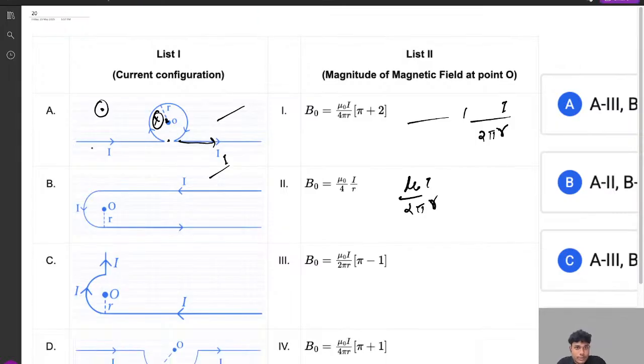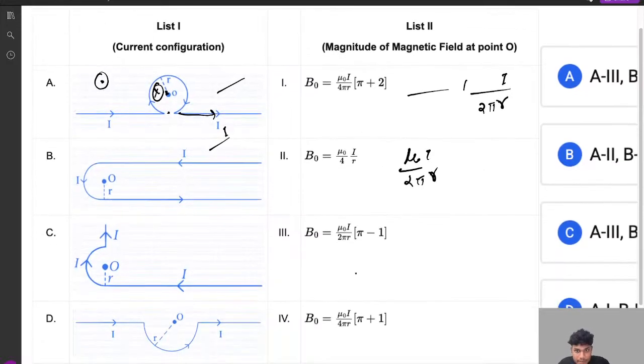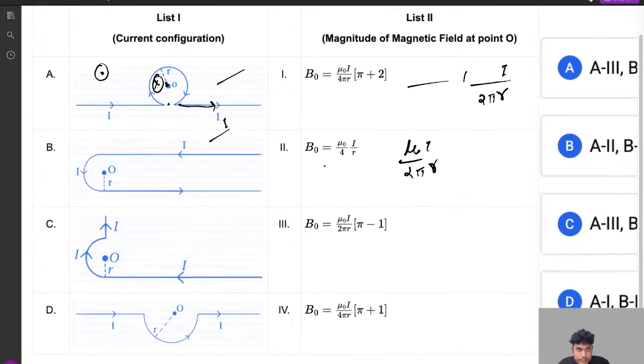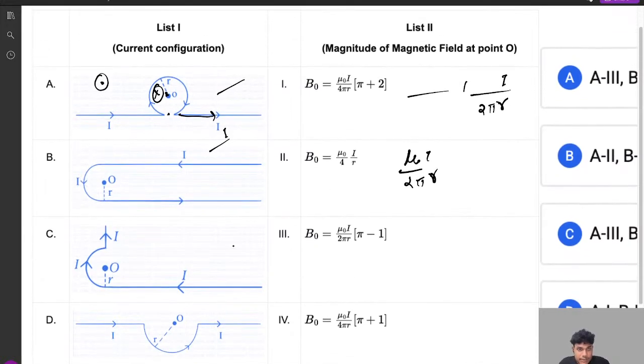So due to the straight wire, it is mu naught I by 2 pi r. Due to both the wires, it is in the dot direction, that is mu naught I upon 2 pi r.